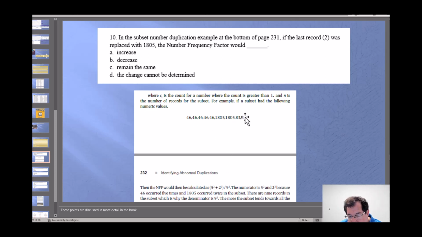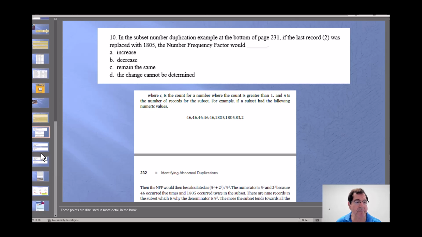If we change the 2 to an 1805, it's going to be 5 squared plus 3 squared, divided by, still, 9 squared. And what's going to happen is the number frequency factor would increase.